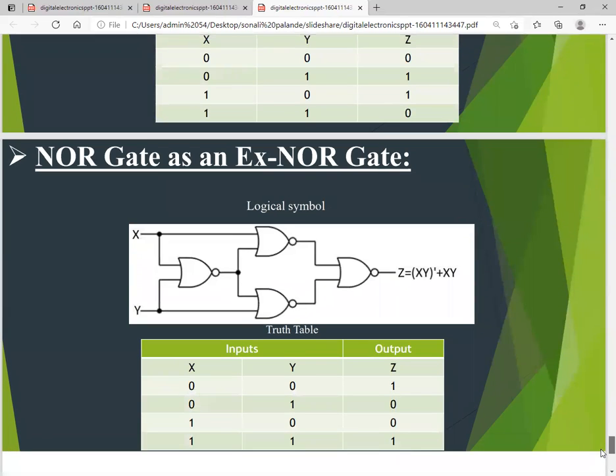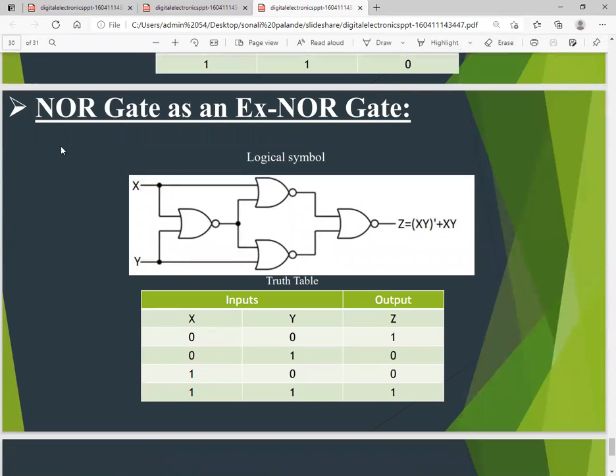And the last one is the NOR gate as an XNOR gate. So this is the logical symbol, the structure of the NOR gate as an XNOR gate. Here we use four NOR gates connected to each other, and x and y are the inputs and z is the output. If x equals 0 and y equals 0, then we get z equals 1.